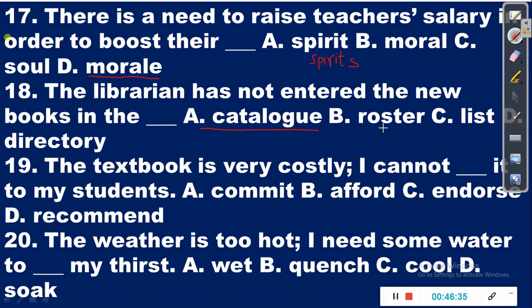Now, option B is roster, and roster is a list or a plan showing turns of duty for persons in an organization. You can talk of a duty roster. When you have people working in an organization and there are duties that they have to do in turns, one person will perform a duty at a given time, and then another person will perform the same duty at another time.